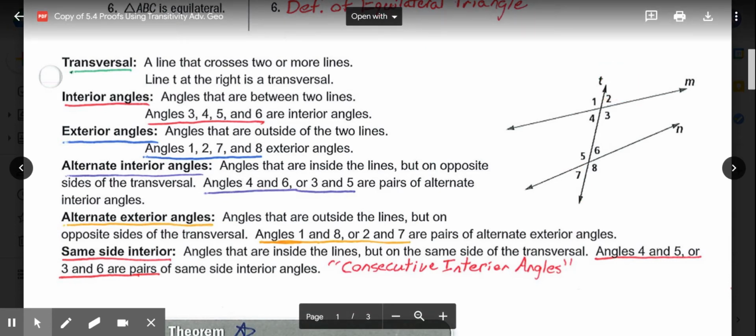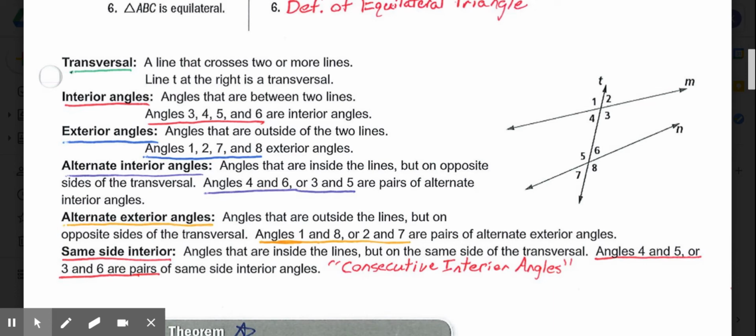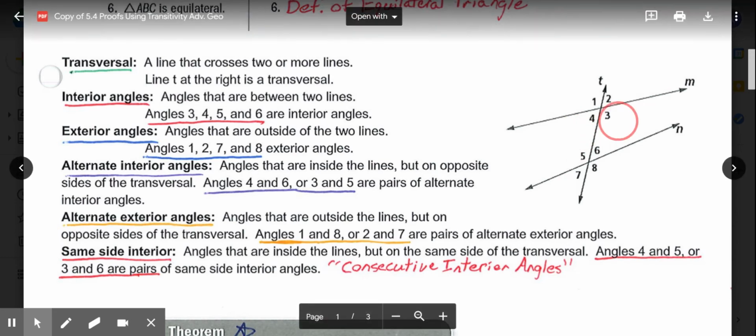And then we get our last type in this case, which is consecutive interior angles or same side interior. Those are both on the interior, but on the same side of the transversal. So that would be 4 and 5 or 3 and 6.